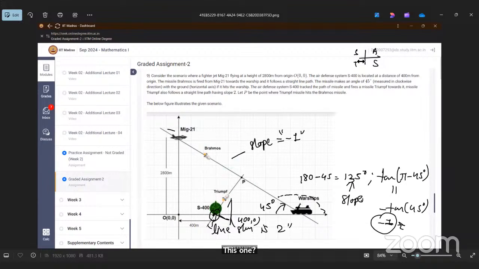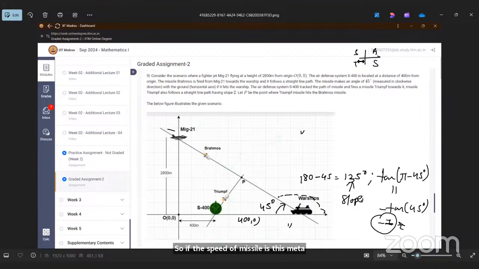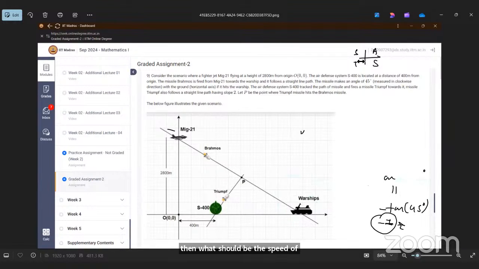So if the speed of the missile is this many meters per second, then what should be the speed of the interceptor missile so that it hits point P? Okay, so you have to calculate the speed, right?